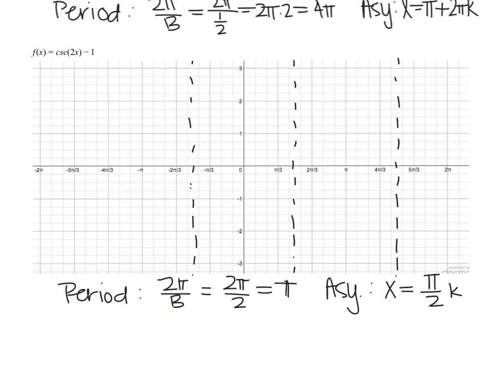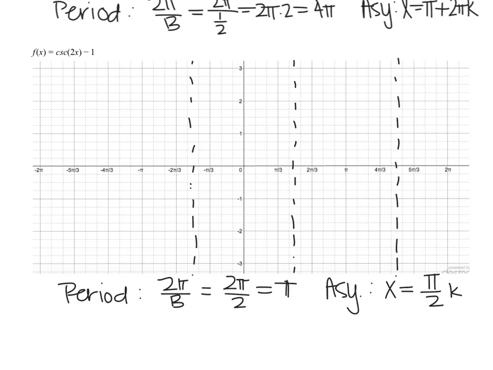All right, so the starting point for our cosecant function, because we have that -1, it means that our function has been moved down 1. So typically our function would start at 1, but instead we're going to be moving the graph down, and it's going to actually be starting at 0.